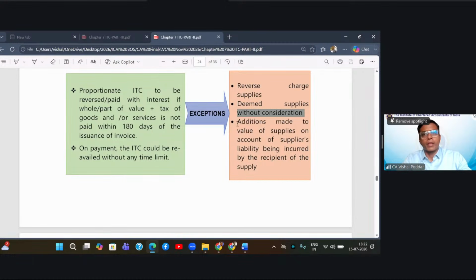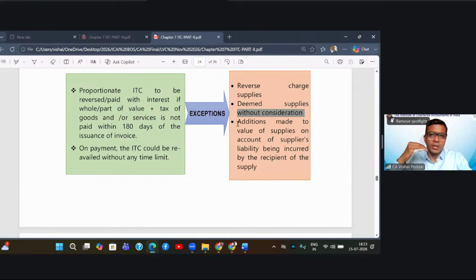Third is with respect to valuation. If you remember in valuation, one of the pointers was that wherever you as a recipient have made payment to your supplier, means not directly, but on behalf of the supplier, you have made payment to some third person.